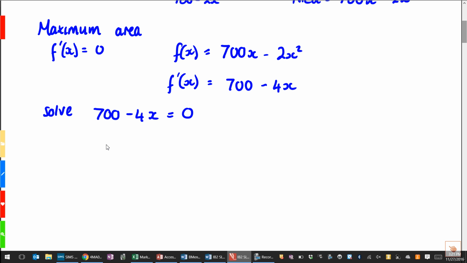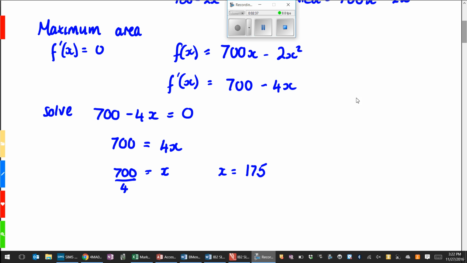Add 4x gives me 700 equals 4x, and therefore x will be 700 over 4, which if we simplify that to 350, 175.